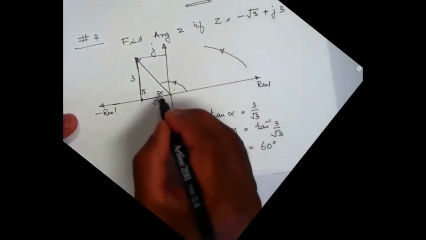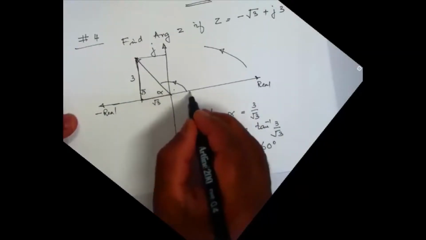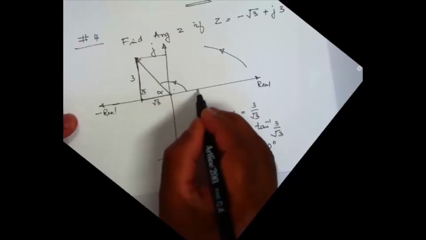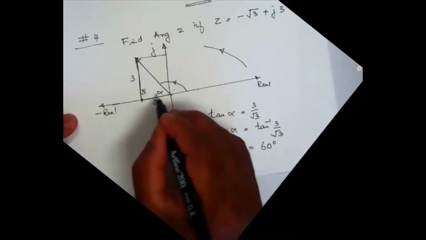So we know now this alpha angle is 60, and then from the real axis to the negative real axis is 180 degrees.